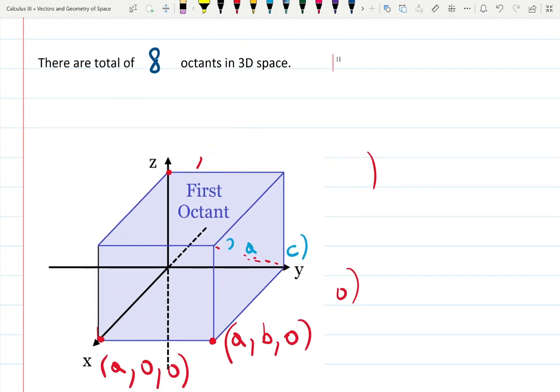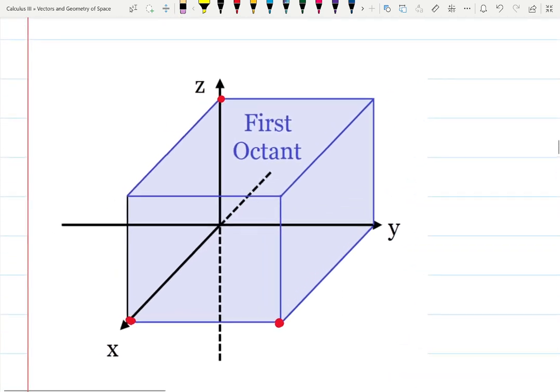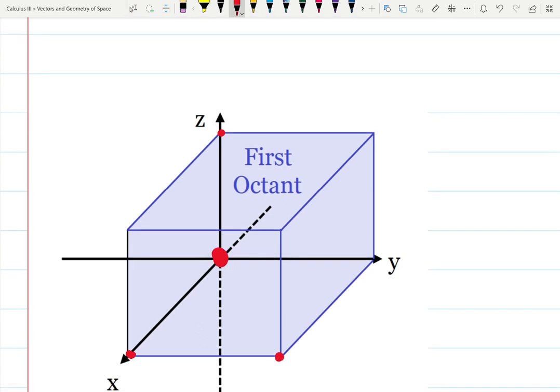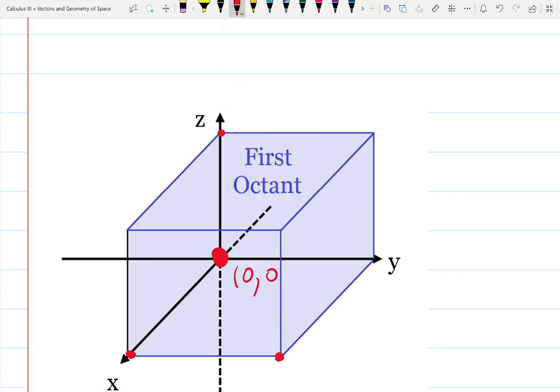And let's practice writing down the points. That's a very good thing to do. Let's do it together. First octant, totally, let's write it down. 8 octants in 3D space. So if this point in the middle is called 0, 0, 0, no x, 0x, 0y, and 0z.